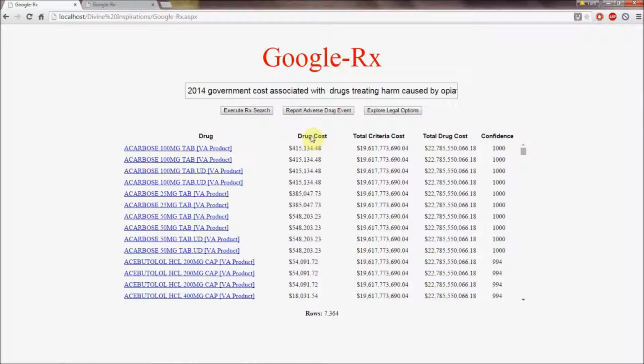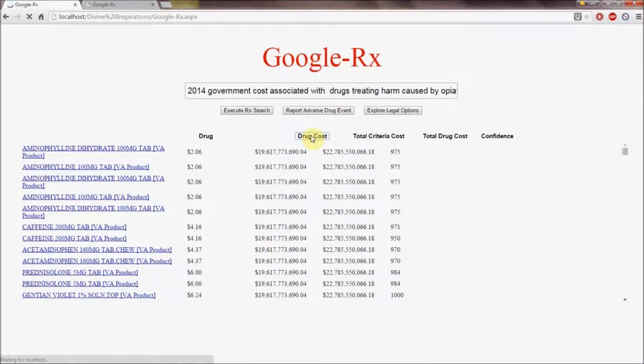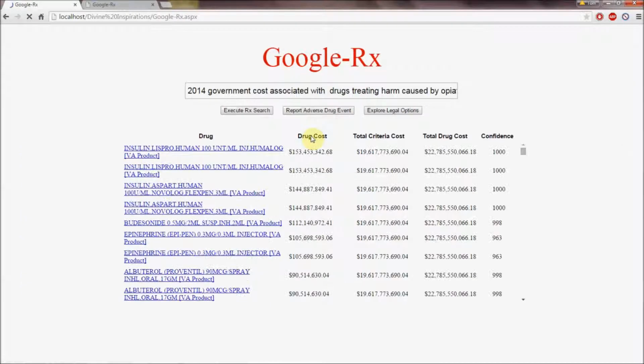Let's sort on the drug cost column. And in terms of drugs treating side effects of opiate drugs, the drug that the most amount of money was spent on happens to be insulin.